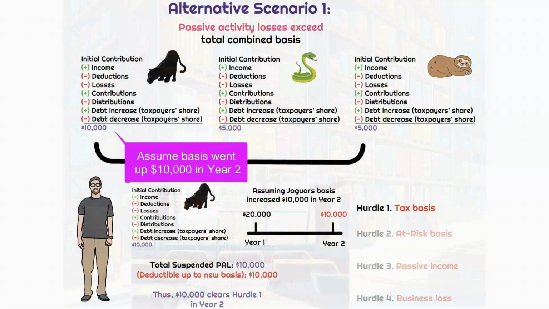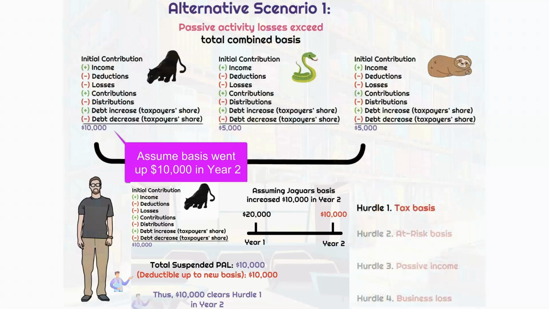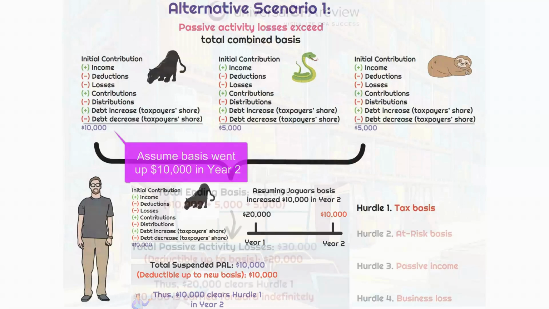What that's going to do to Eli's basis is increase it by $10,000, right? Just like your bank account goes up when you deposit that Venmo. So now that $10,000 that was suspended from last year is carried forward. And like we said, he could take the rest now that he has more basis in year 2. Okay, because he now has more basis to make up for it.